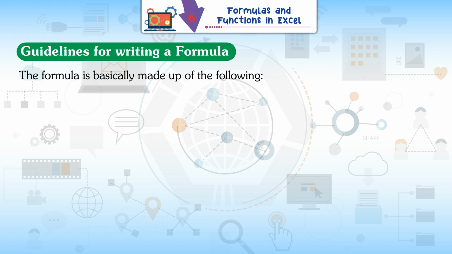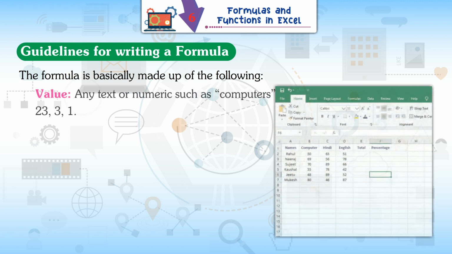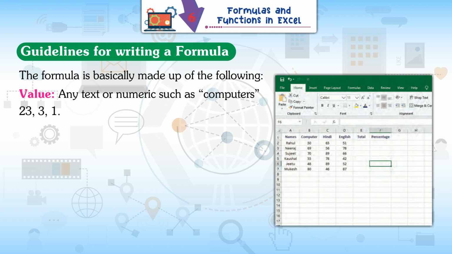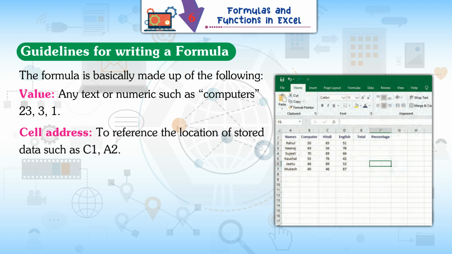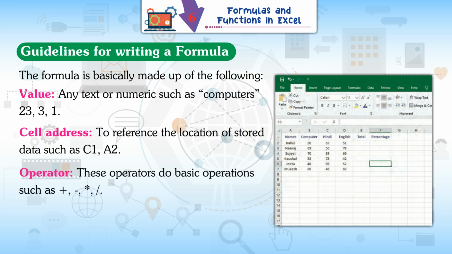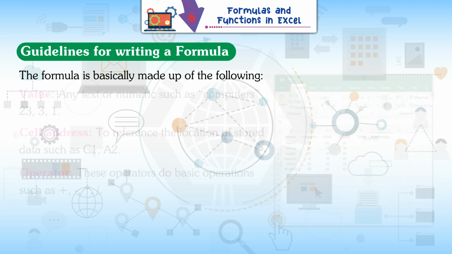The formula is basically made up of the following. Value, any text or numeric such as computers, 2331. Cell address, to reference the location of stored data such as C1, A2. Operator. These operators do basic operations such as addition, subtraction, multiplication, division.